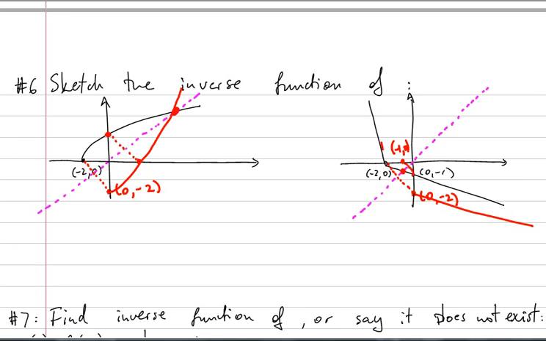And the second part of the function gets mirrored into this piece. And the red one is the graph of the f inverse. So this is f inverse of x.